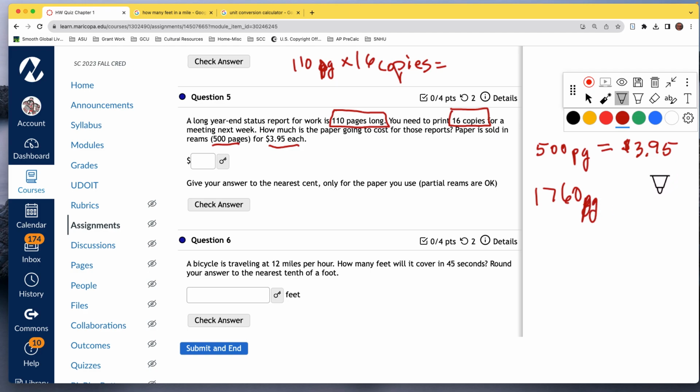And then we want to know how much it's going to cost. That means we want to be left with dollars. That must mean we're dividing out the pages, right? So that's kind of, again, this is problem solving. It's not really a unit conversion, but we're using the same technique. We've got how many pages, we want to know how many dollars. So we are going to divide out the number of pages.